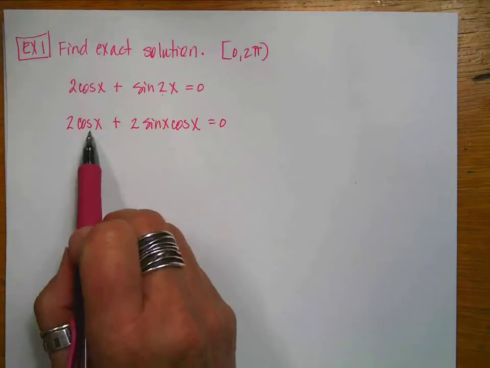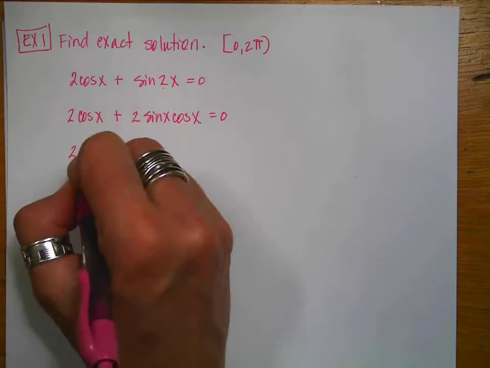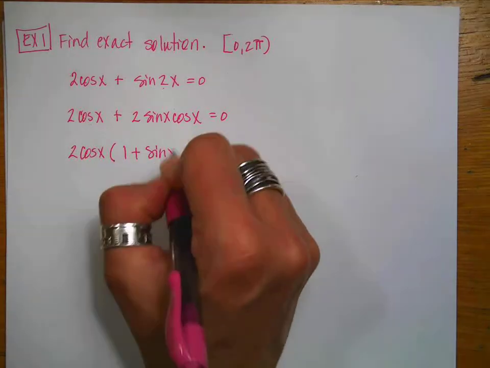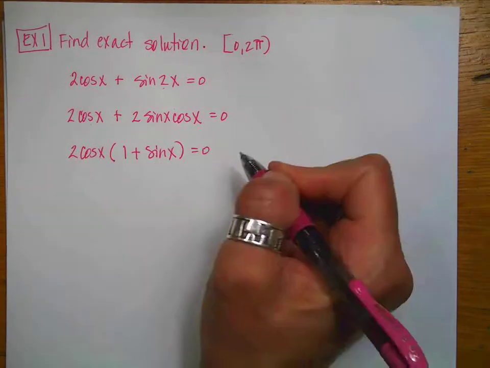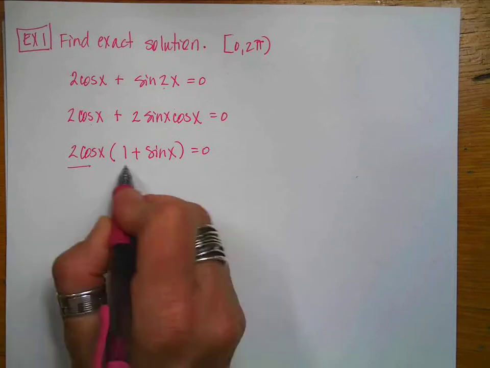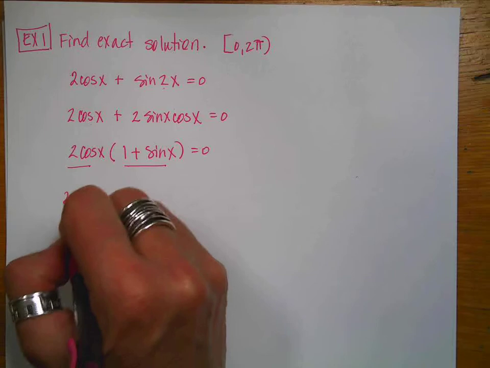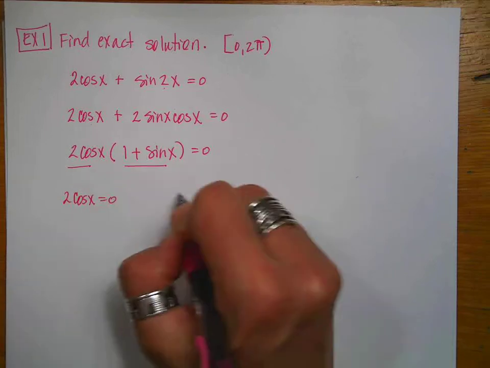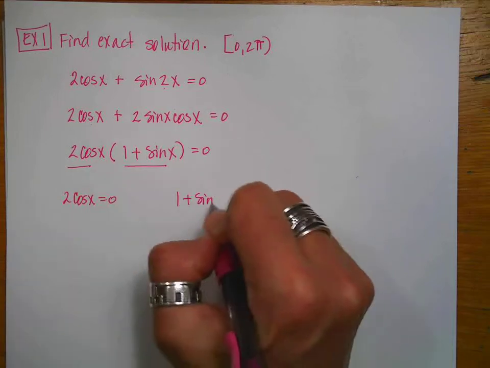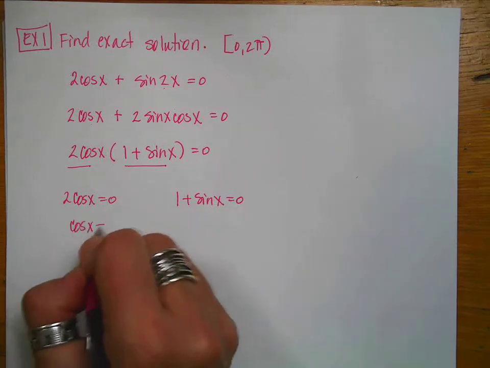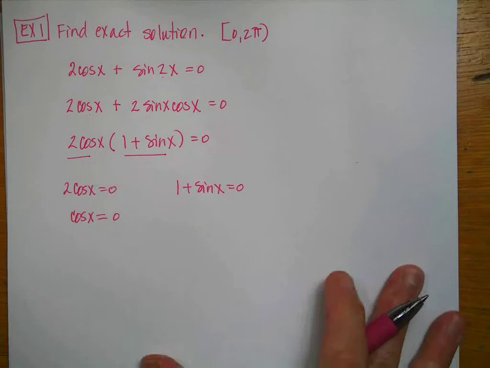Factoring is my favorite F word, so I'm going to take out a 2 cosine x, and I'm going to get 1 plus the sine of x is equal to 0. Now I can set my two baby equations equal to 0, and I'm going to get 2 cosine of x is equal to 0, and 1 plus the sine of x is equal to 0. In this one, I get the cosine of x is 0.